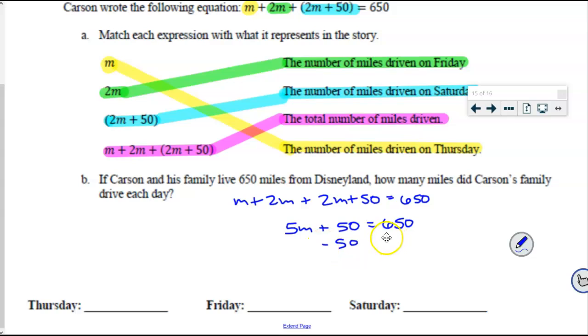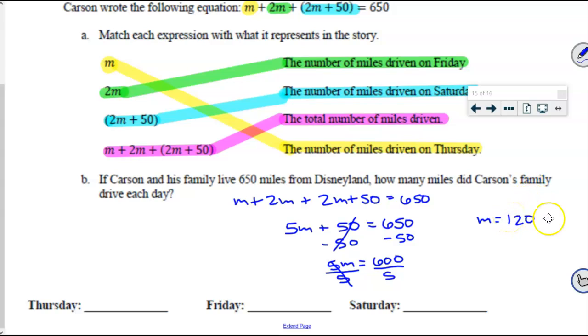We subtract 50 from each side, and we have 5M, which is equal to 600. Divide each side by 5, and we have M is equal to 600 divided by 5. Gavin? Thank you, 120. So what does that mean?